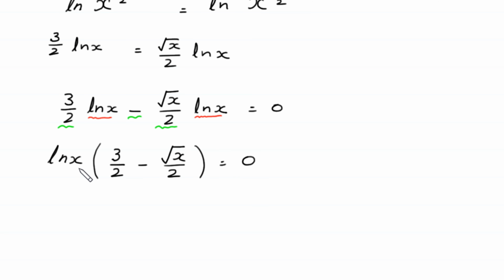Now from here, either this expression ln of x is equal to 0, or this expression 3 over 2 minus square root of x over 2 is equal to 0.